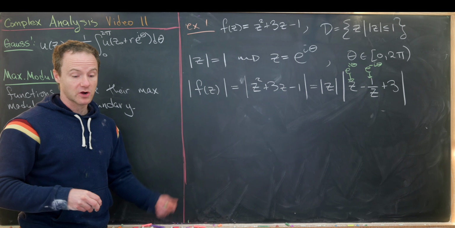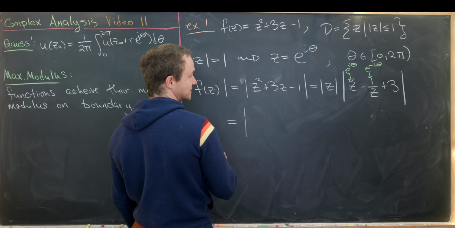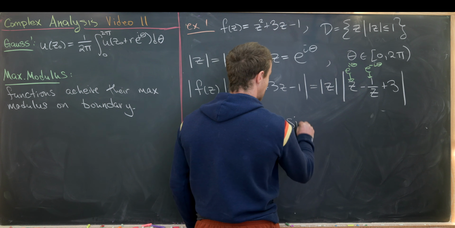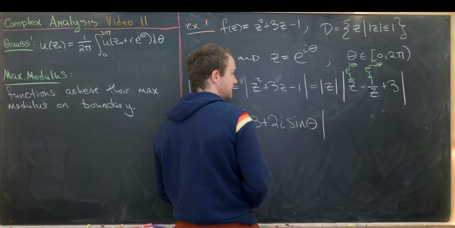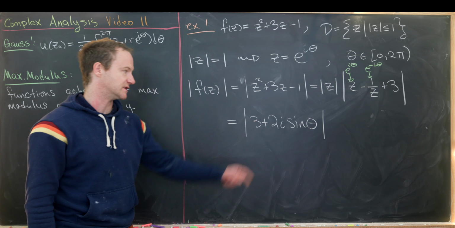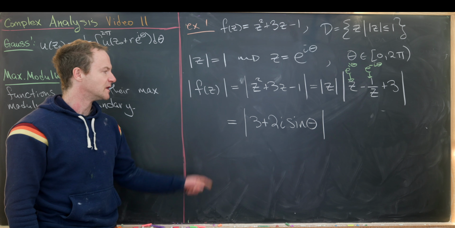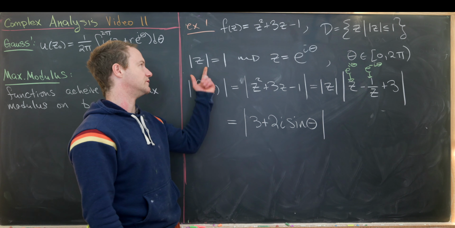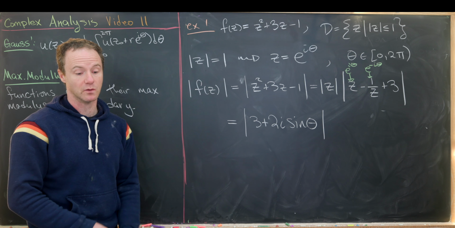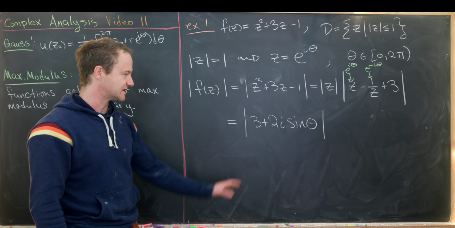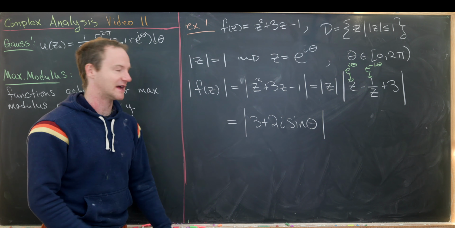So in fact, we have this is equal to the modulus of 3 plus 2 times i sine theta. Again, that's what these two green things with the minus sign combine to, this 2i sine theta. You might say, where did this modulus of z go? Well, recall that we're on the unit circle, so that is equal to 1.